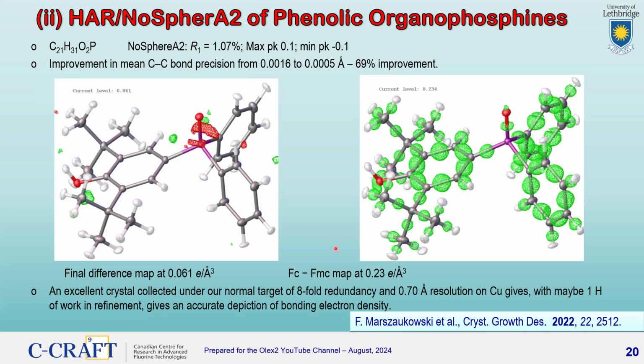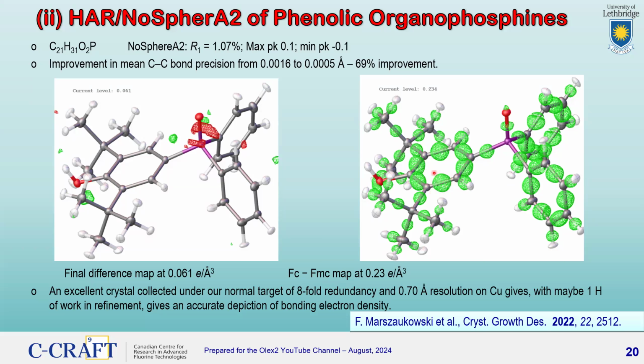And what's also possible to do with NoSpherA2 is actually visualize the non-core electrons, the bonding electron density essentially, by this Fc minus Fmc map. So we've subtracted out all the atoms that are not part of the valence level, and you can see therefore that you get maps of the electron density that correspond to the bond.